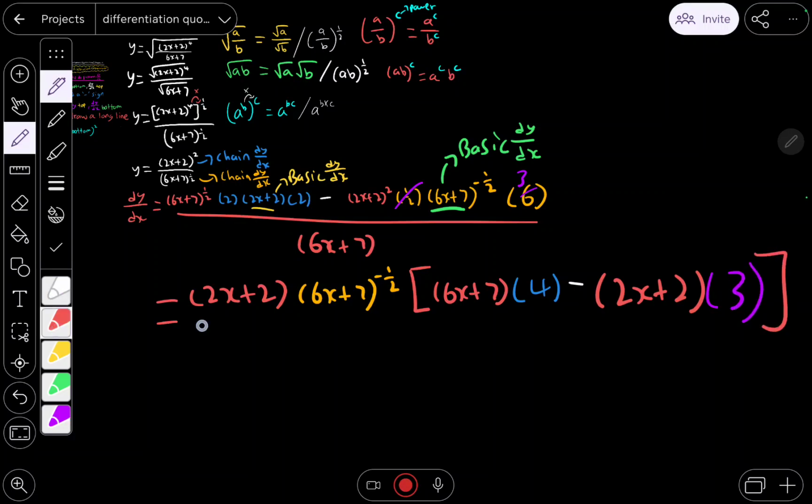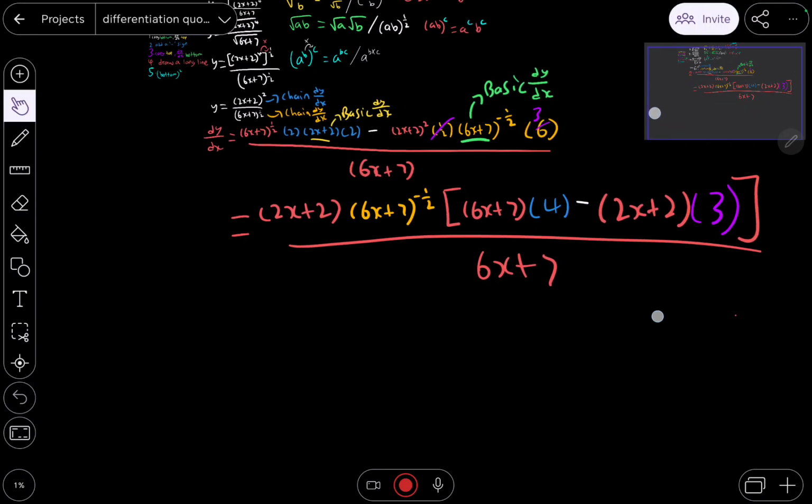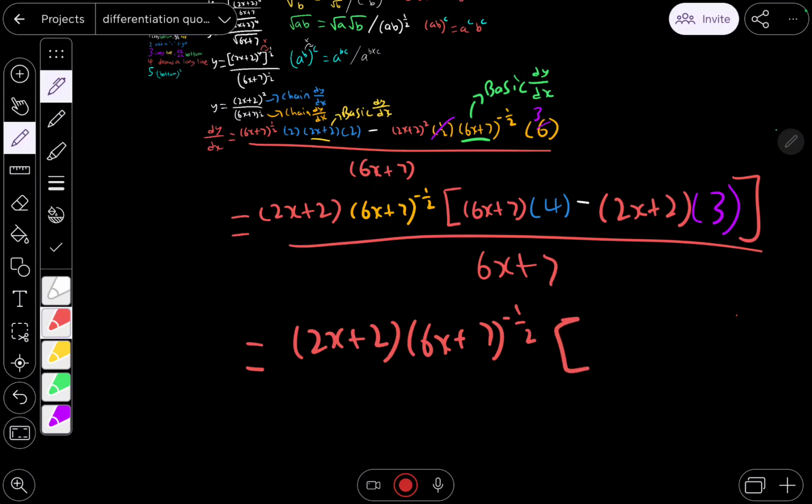And this is over 6x plus 7. Now we will simplify the inside bracket, which we will get 2x plus 2, 6x plus 7 minus half, bracket 24x plus 28.